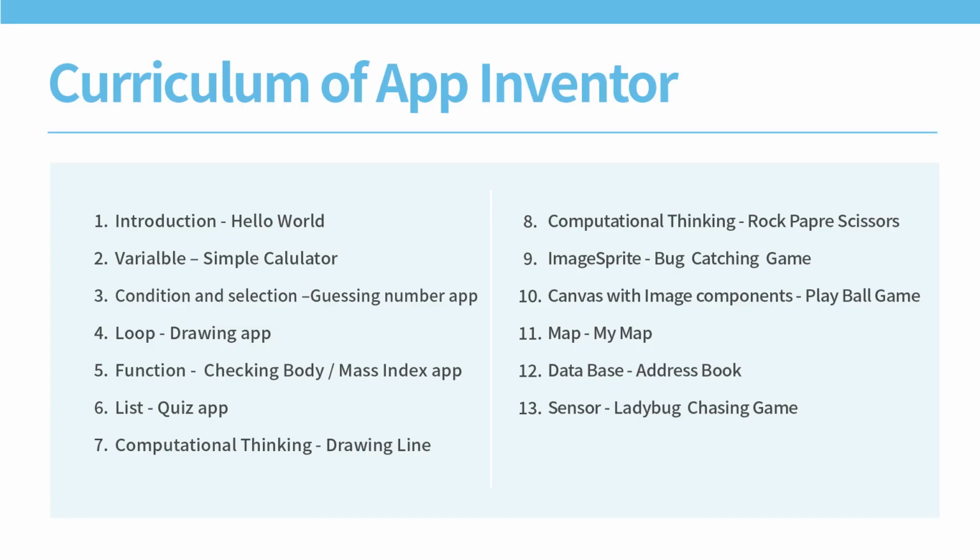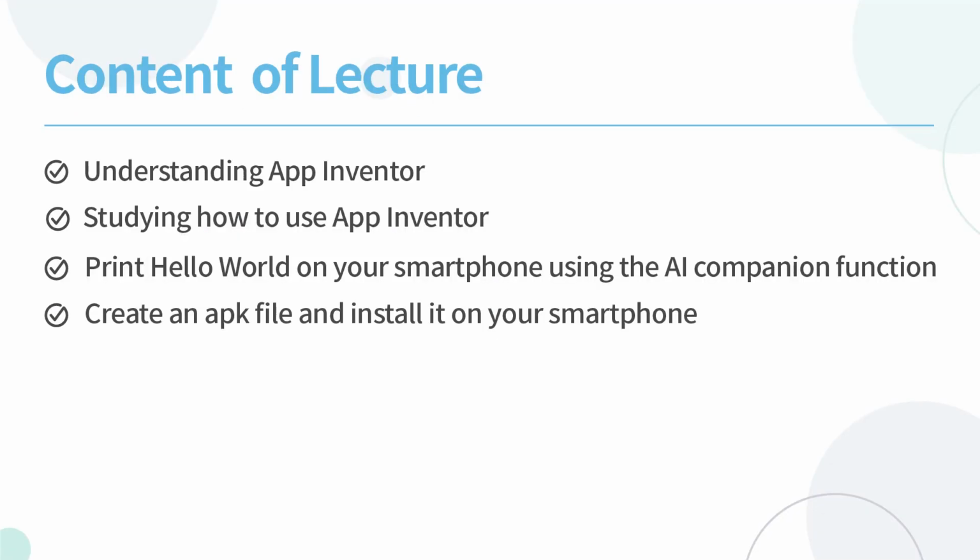Okay, let's move to the next. In these lectures, we're gonna understand what App Inventor is, and we're gonna learn about each component of App Inventor, and then finally we are going to learn how to use it.